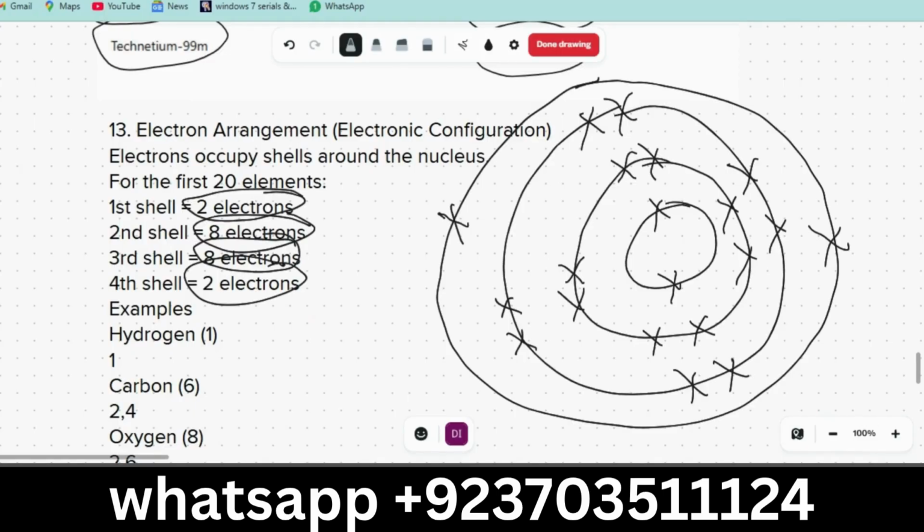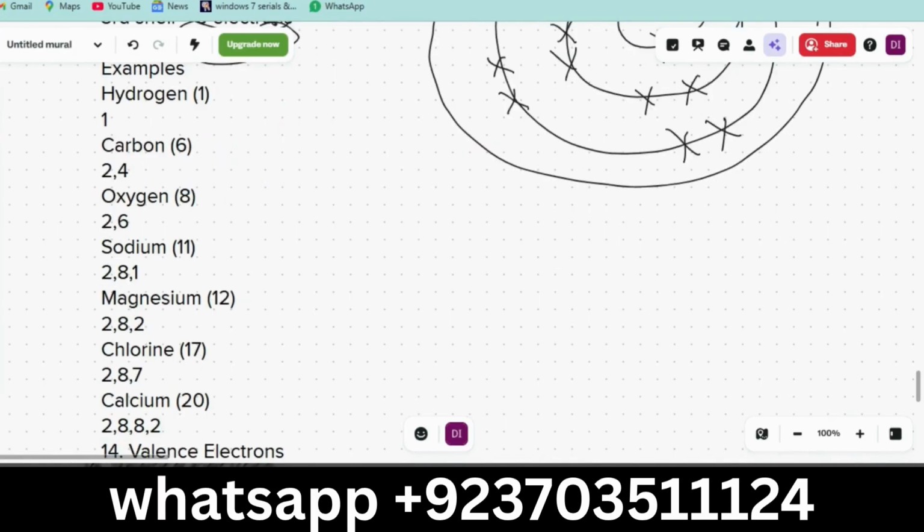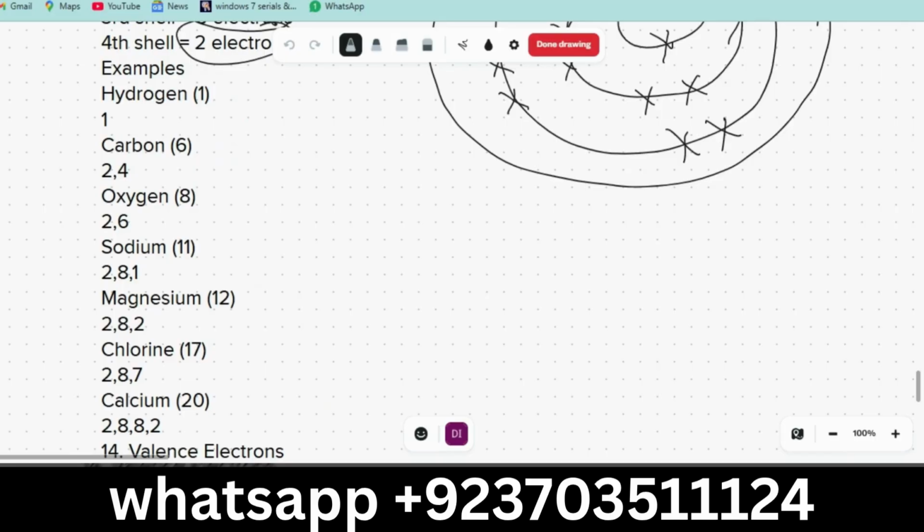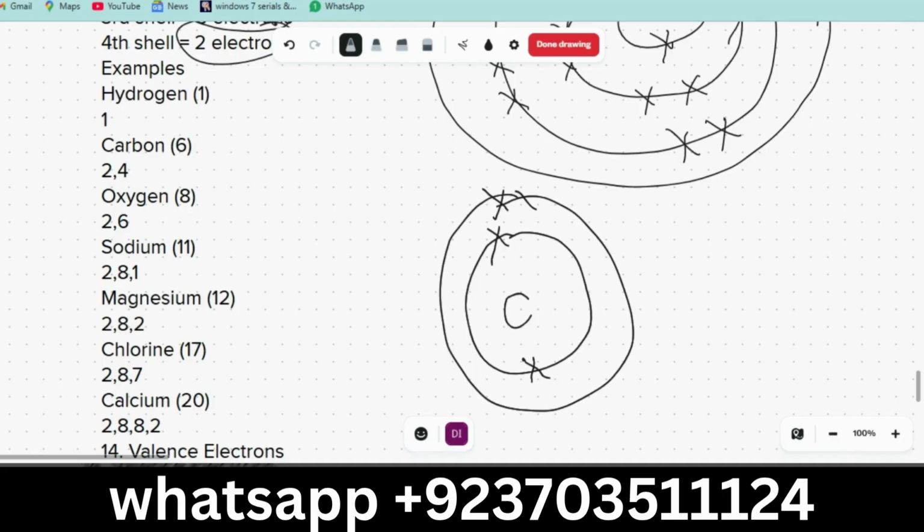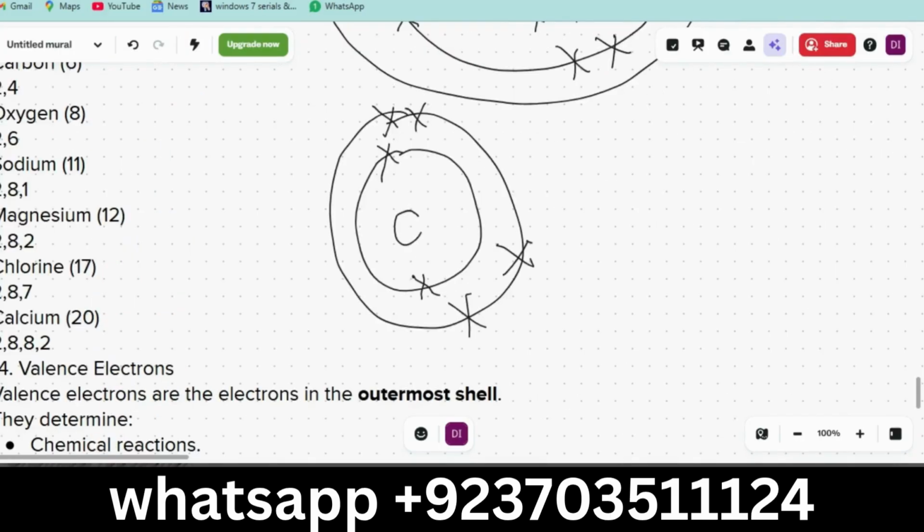So now we are going to talk about carbon. Carbon has how many electrons? 6 electrons. Carbon has 2 electrons in its first shell and 4 electrons in its second shell. Same for chlorine.